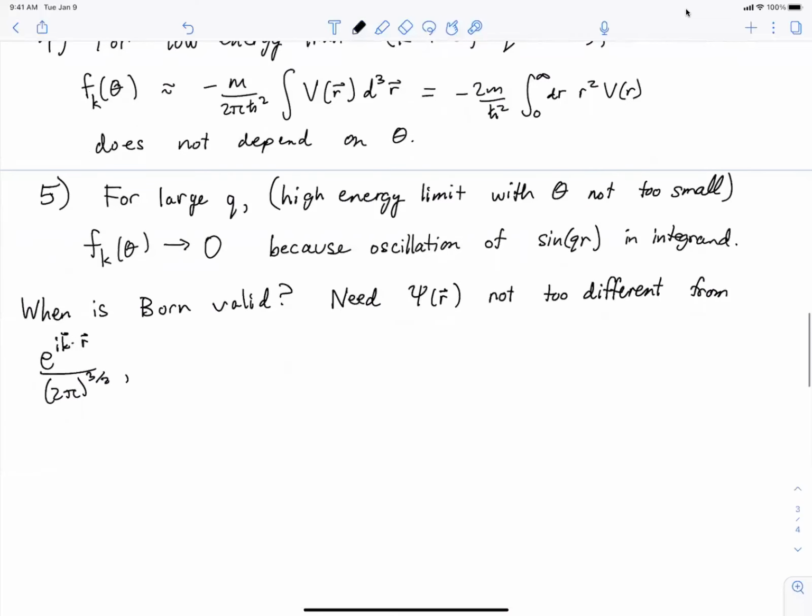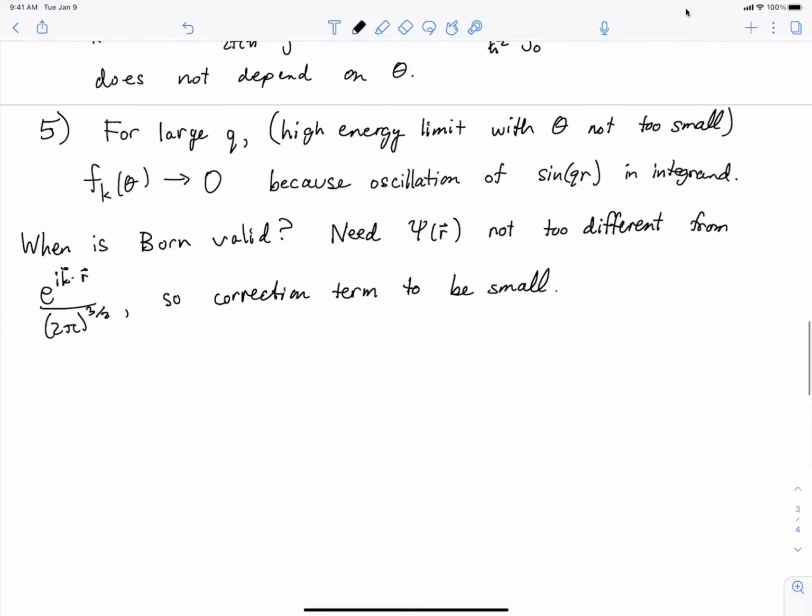And so that's what you need for the correction term that we didn't include to be small. Shortly we'll talk about what happens when you go beyond that approximation. But right now for the Born approximation, what does that mean?